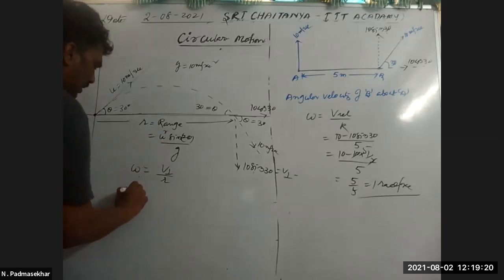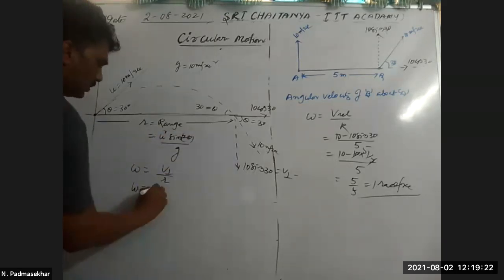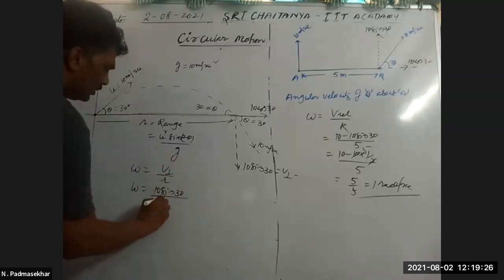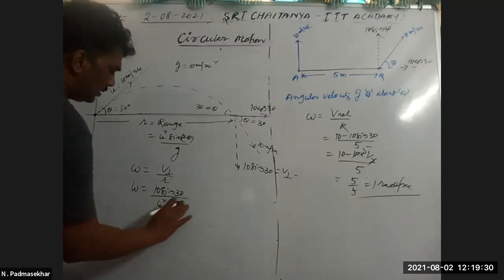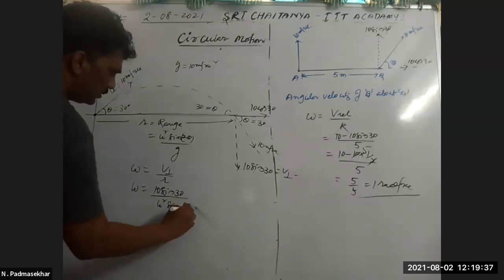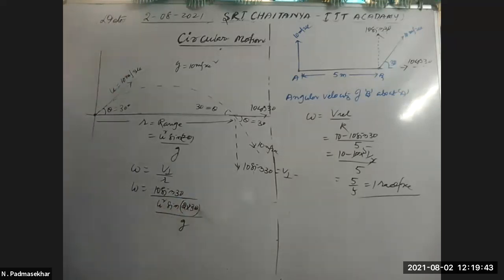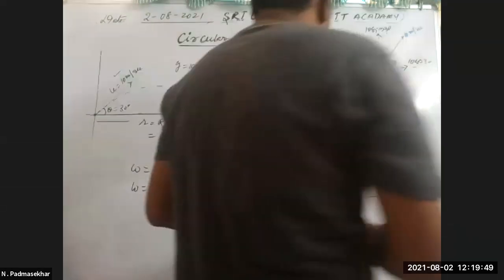So v perpendicular is 10 sin 30, by r, which is u square sin 2 theta, with 2 into 30, by g. So u is equal to 10, substitute here, and you can get the angular velocity.